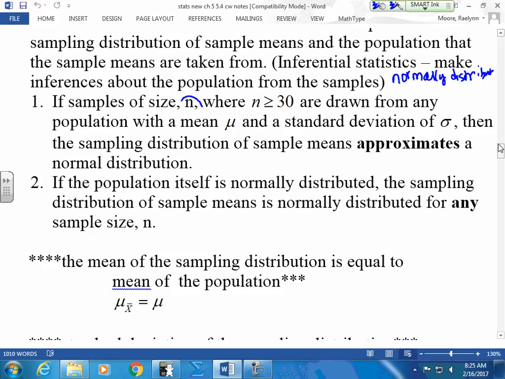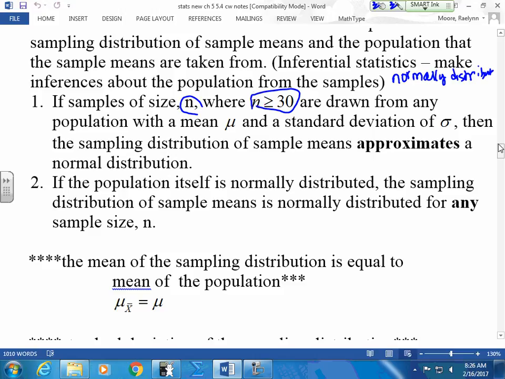If your sample size is greater than or equal to 30, then we can say that this automatically approximates a normal curve. If it's not, it has to say that your population is normally distributed. If it tells us that your population is normally distributed, then we know, since we're taking good samples, that our samples will be normally distributed.